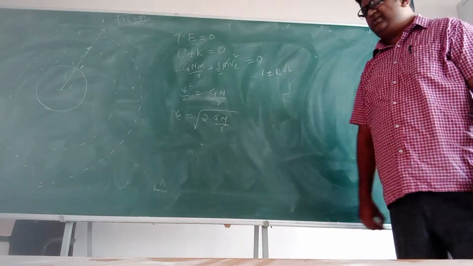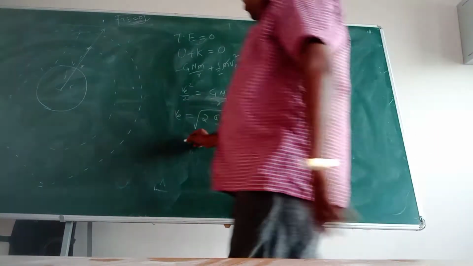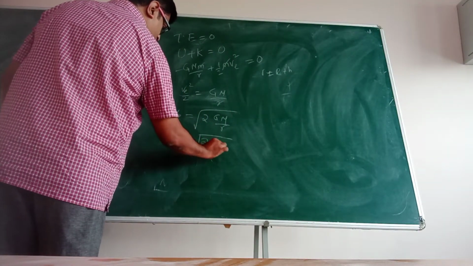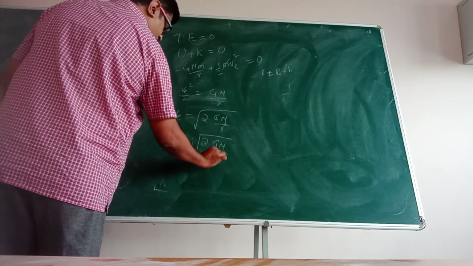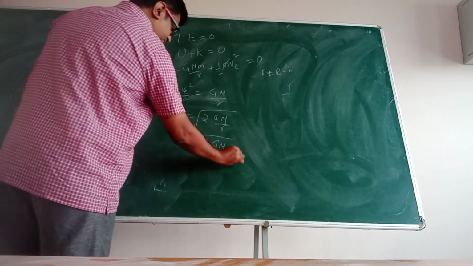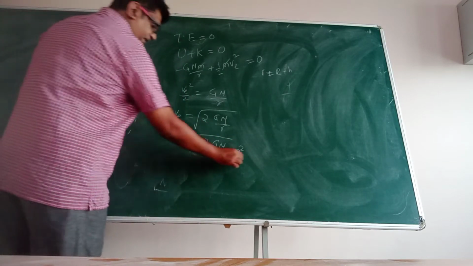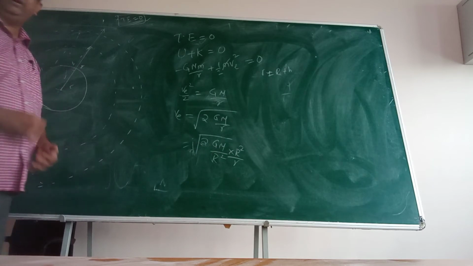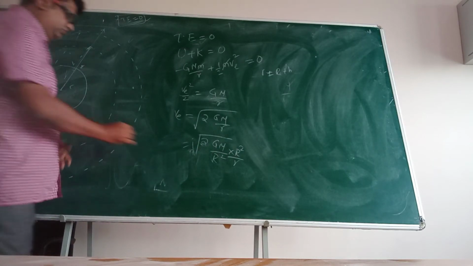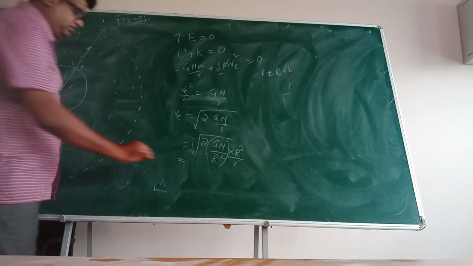Suppose you want to introduce this small g, what will you do here? You will write root over 2 into GM by R square into R square, by R. Can I write it like this? This value is your small g.